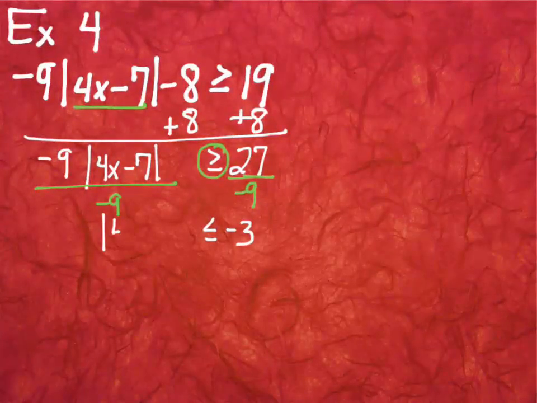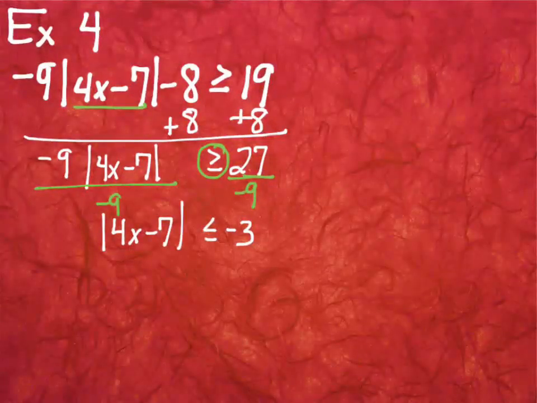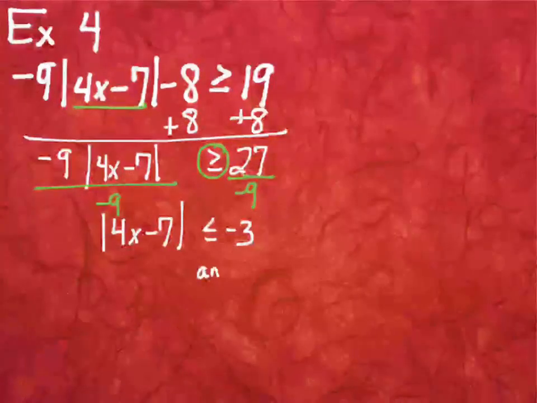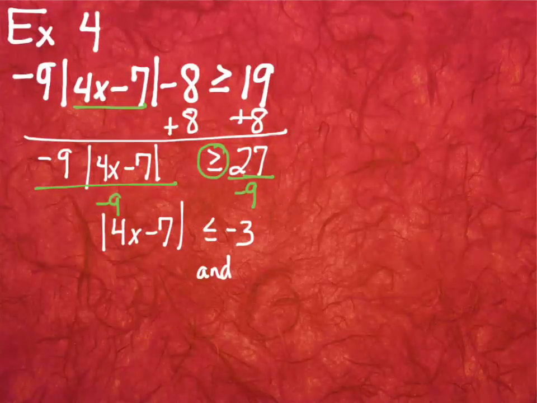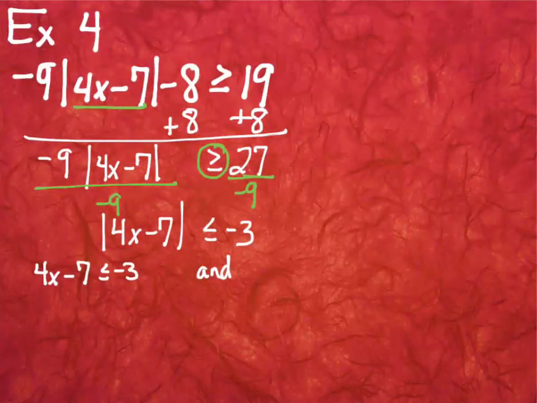And now I have the absolute value by itself, and I make the determination. Is this an and or an or? Less than is and. And so I put my absolute value expression, 4x minus 7, is less than or equal to negative 3.